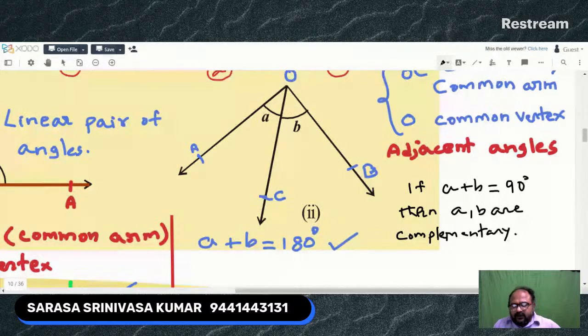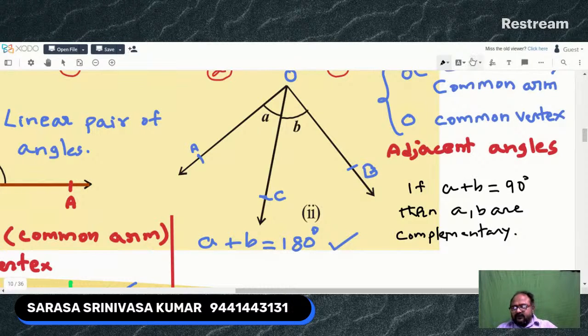If the sum of the two angles, angle A and angle B, is equal to 90 degrees, then you can say that they are complementary angles.